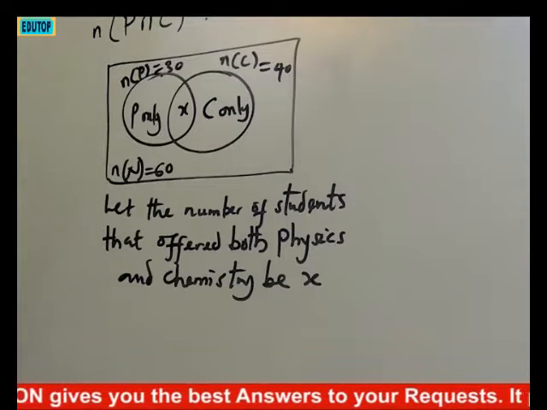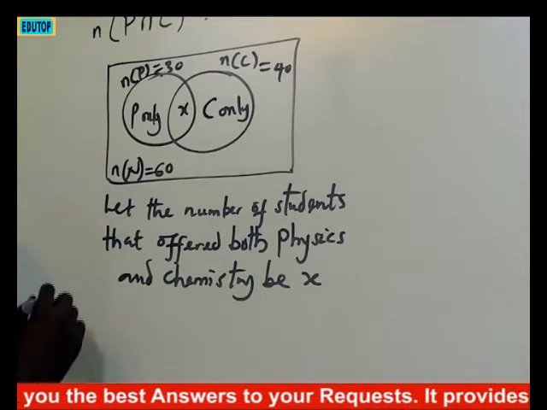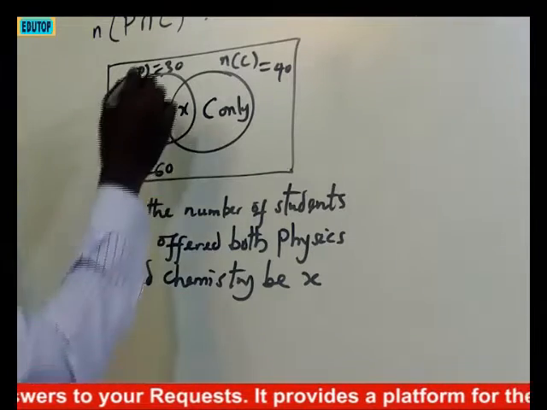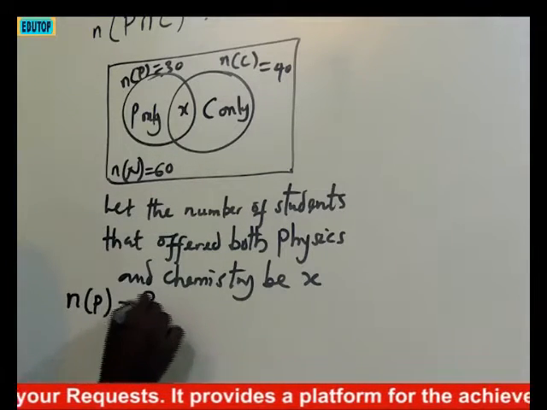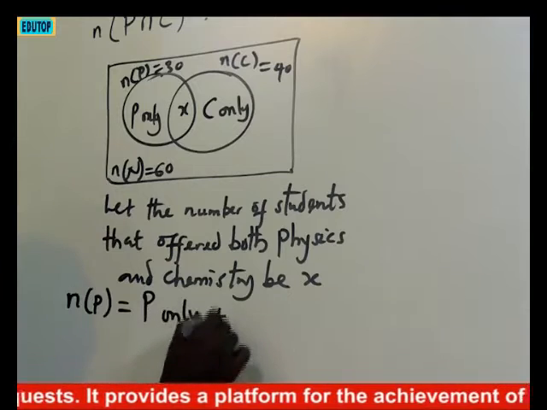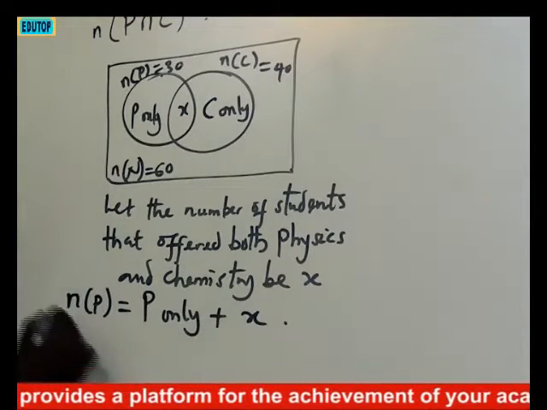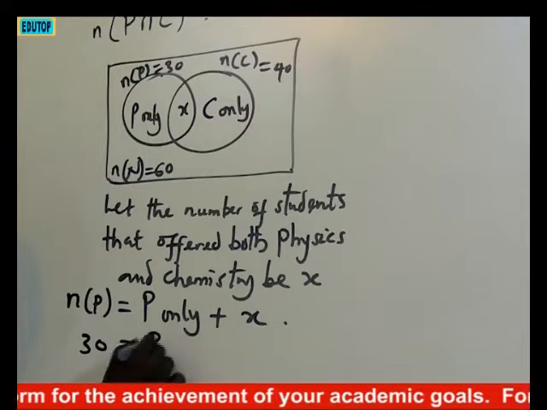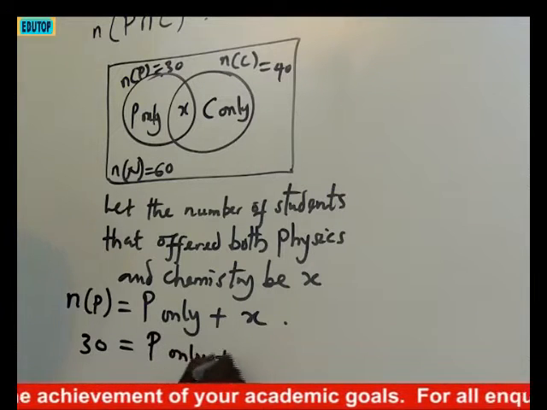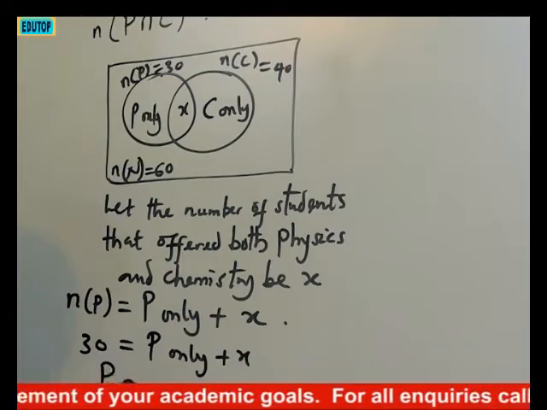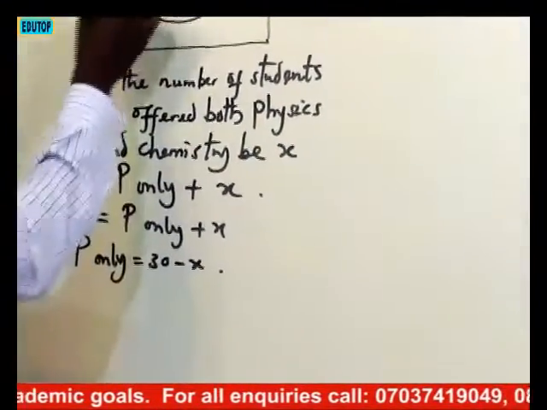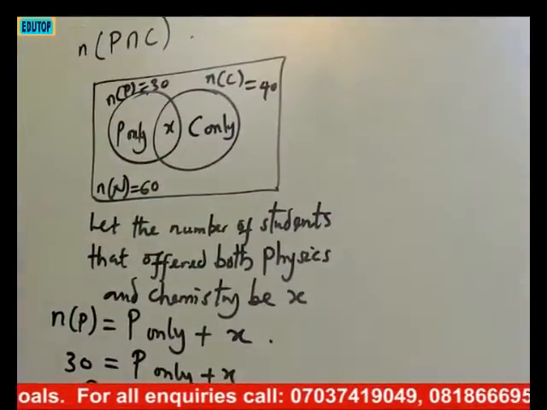Now, I know that number of physics, based on the trend I've been following, will definitely be equal to P only, that's physics only, plus both. What is the number of physics? 30, which is equal to P only plus X. So P only, which is physics only, will now be 30 minus X. That means this place is 30 minus X.